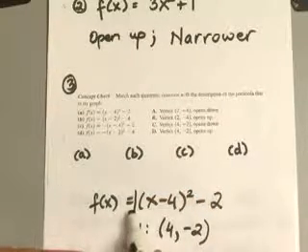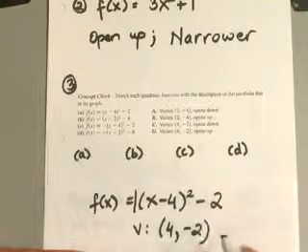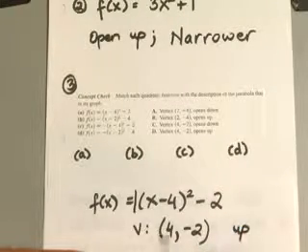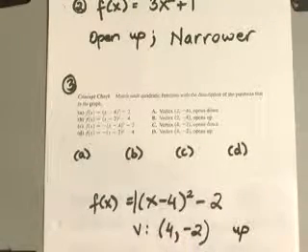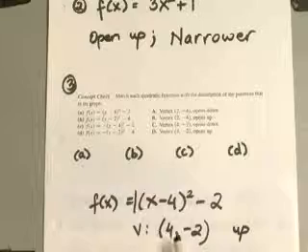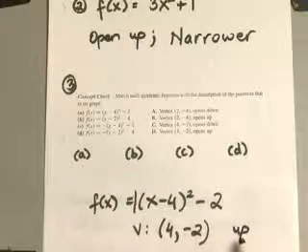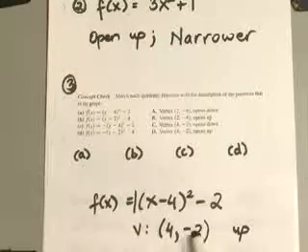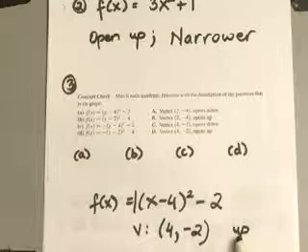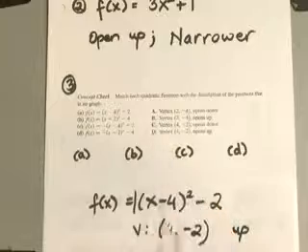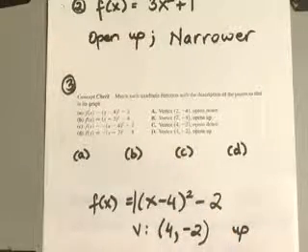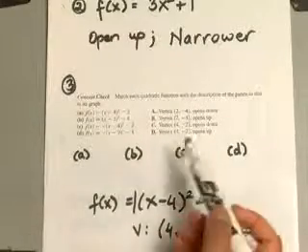Okay, so positive 1, it means if it's positive, it's going to open up. We're not trying to decide if it's wider or narrower, so we're just trying to figure out what the vertex is and if it's going to open up or down. So your vertex is 4, negative 2, and it opens up. So it looks like your choice out of your given answers here is going to be number D.